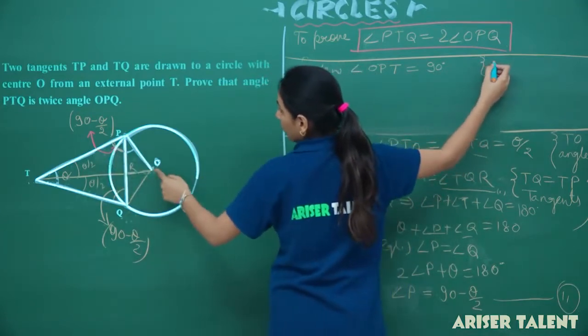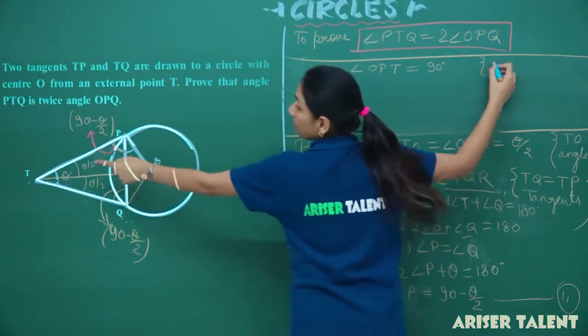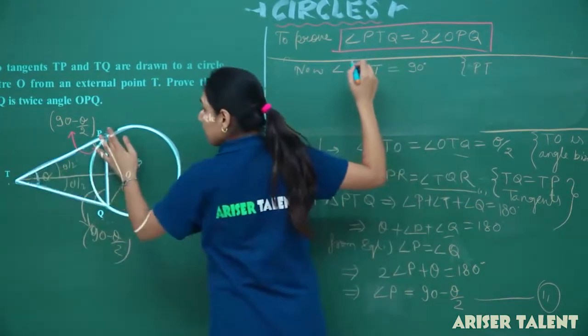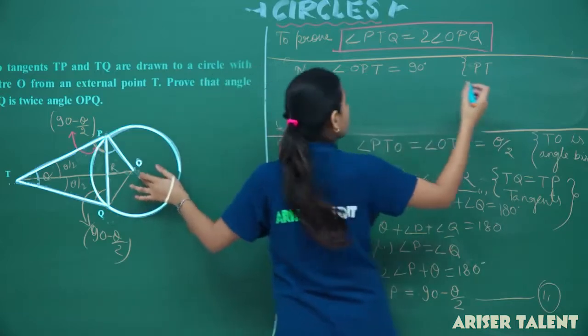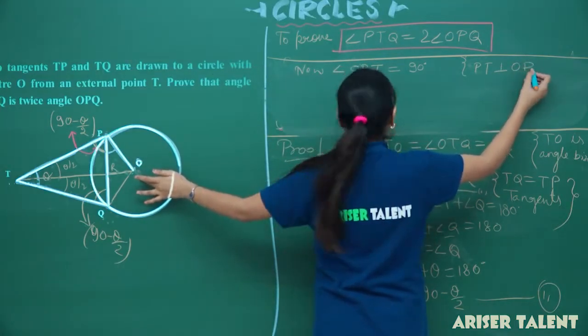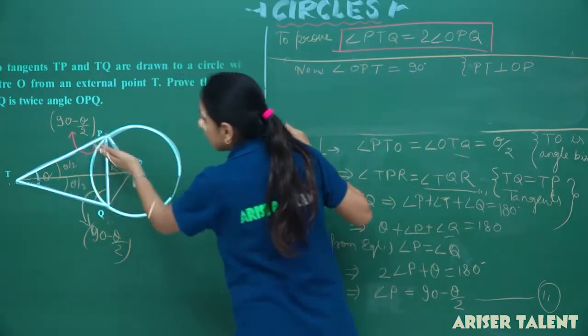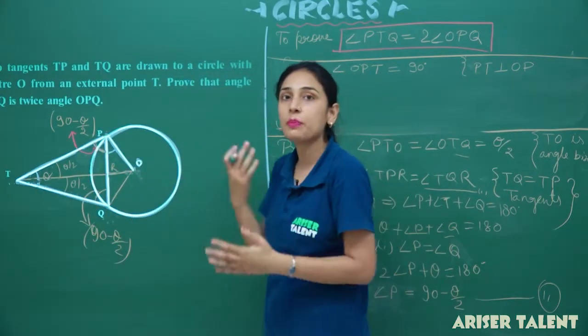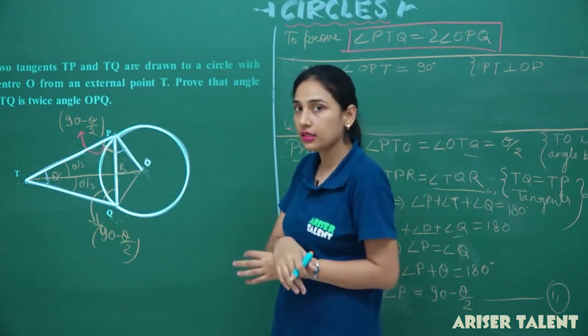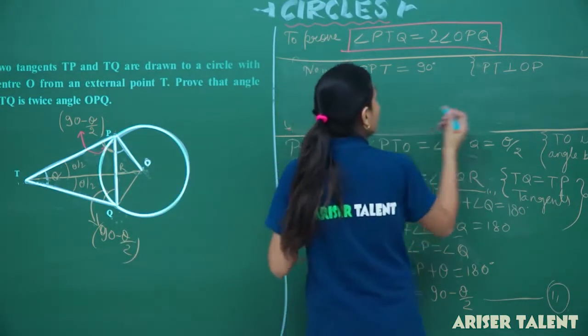Because this PT is perpendicular to this OP. This is the tangent and this is the radius. So the radius will always be perpendicular to the tangent. We have proven that in our last session.